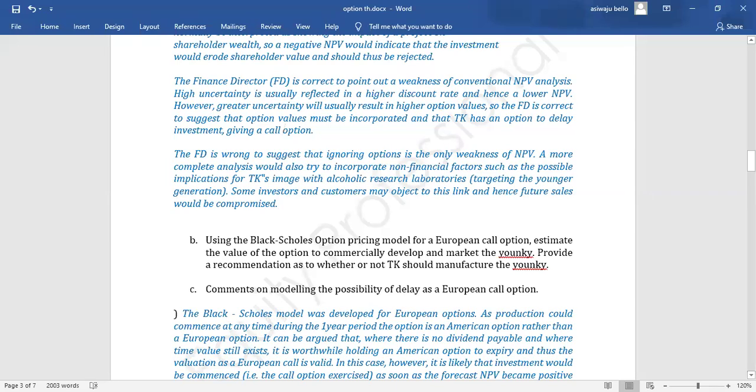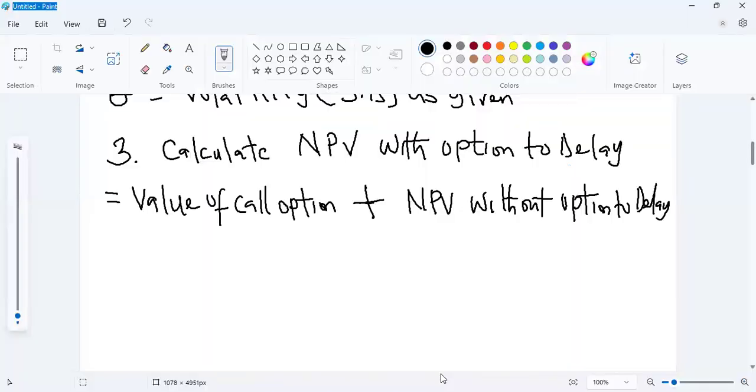We can now proceed to solve this requirement 2. Let's go to this solution.